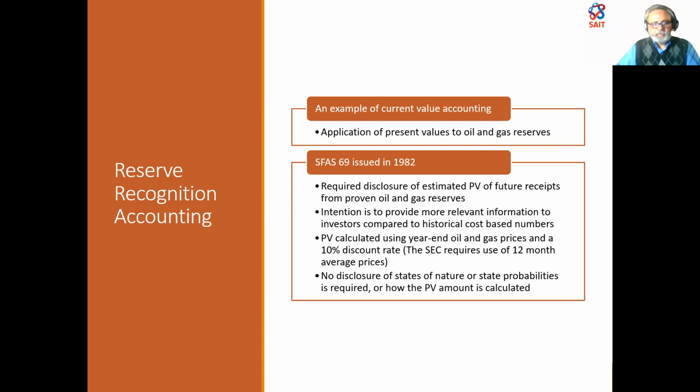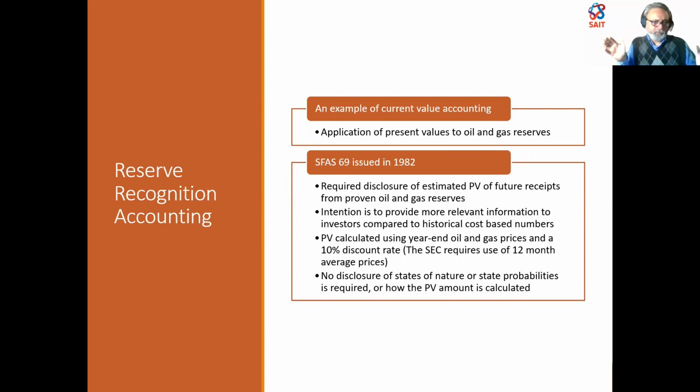And the whole point is to provide information that's perhaps more relevant to a person looking to invest into buying shares of the company. To make the numbers comparable across the board, the standard setters in the US decided to use a discount rate of 10%.